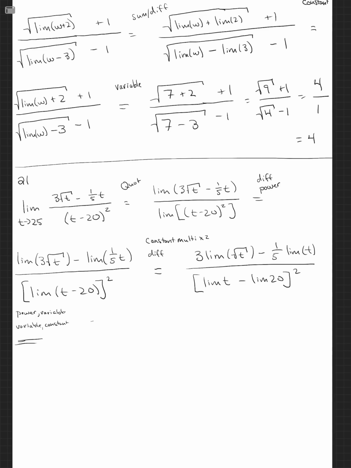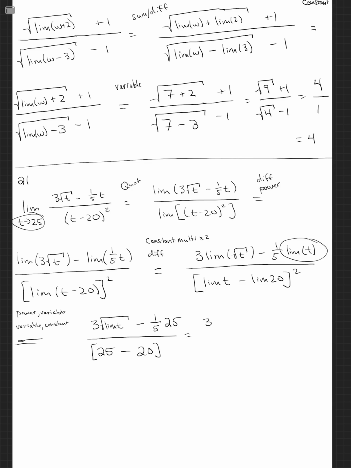So I get 3 times the square root of the limit of t minus 1/5. T was going to 25. So the limit of t as t goes to 25 is 25. All right, again, the limit of t as t goes to 25 is 25. And the 20 is a constant, so it just gets there.